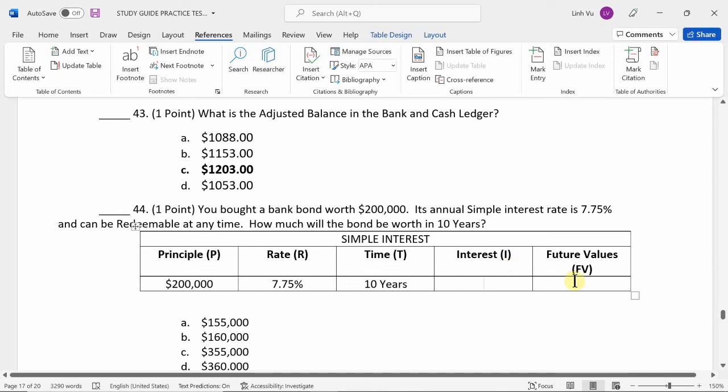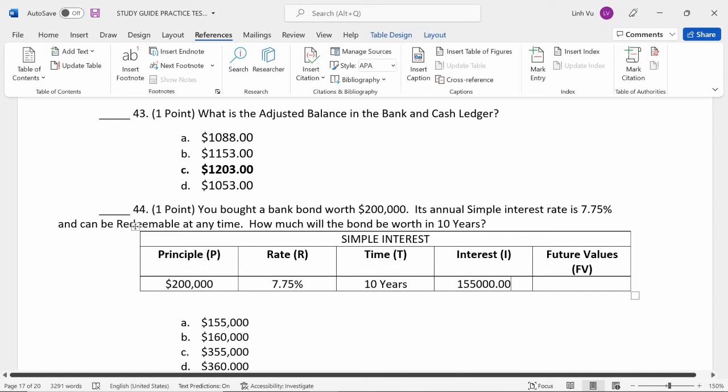You do 200,000 times 0.0775 times 10. Simple interest is you're going to multiply all the numbers across. That gives 155,000.